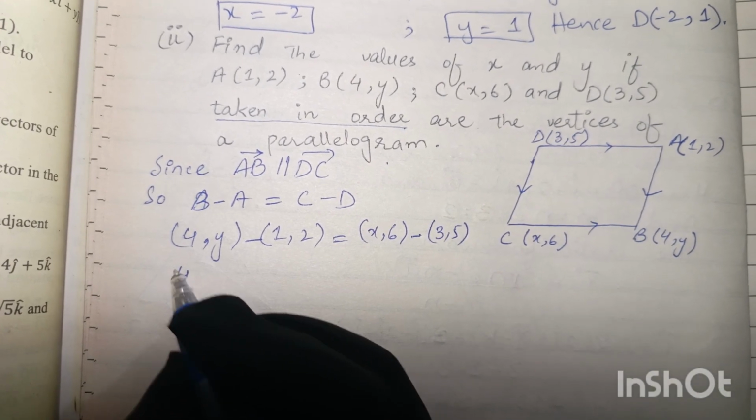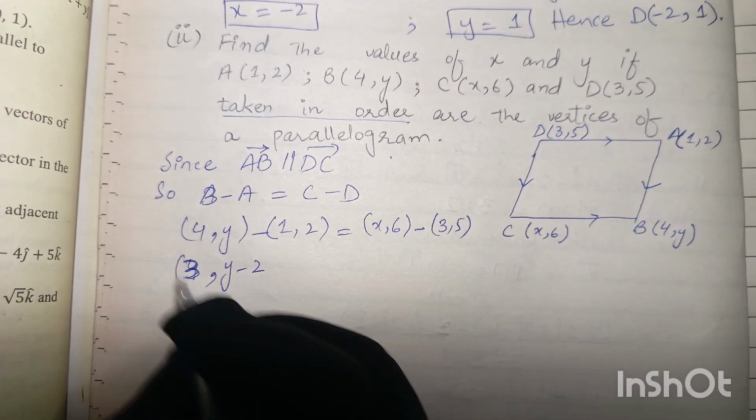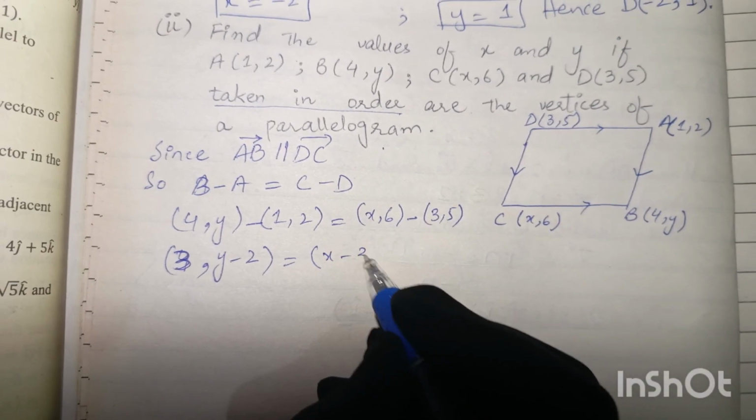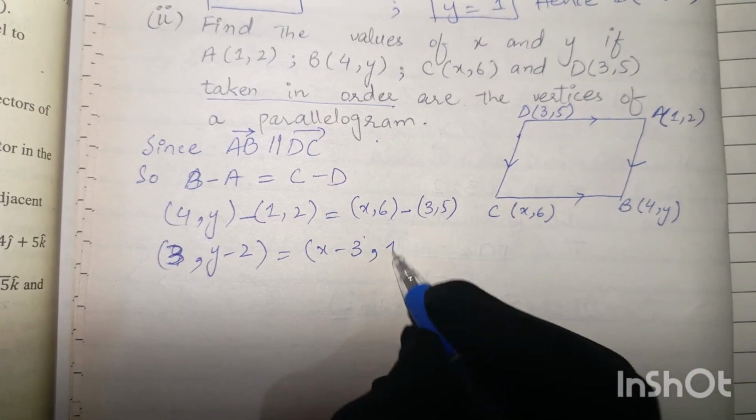So 4 minus 1, which is 3, and y minus 2 is equal to x minus 3 and 6 minus 5, which is 1.